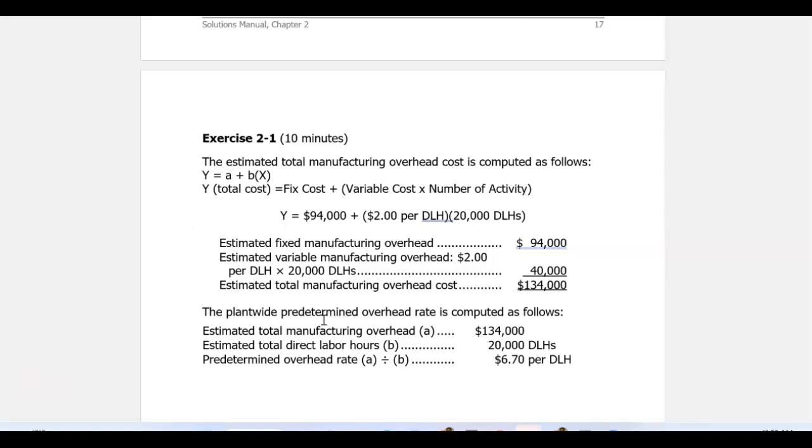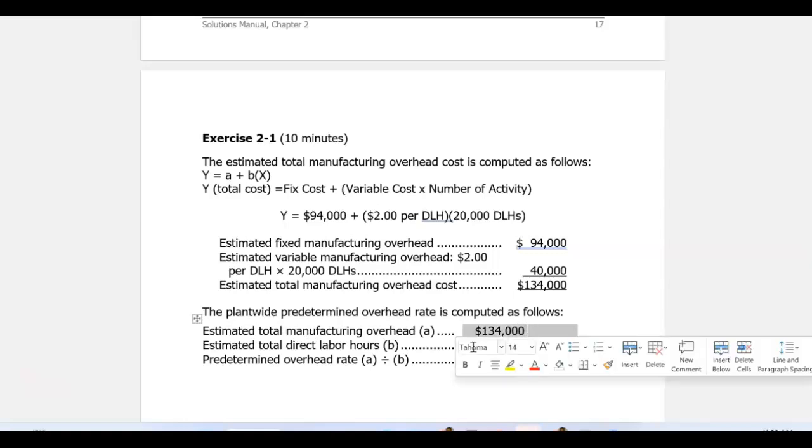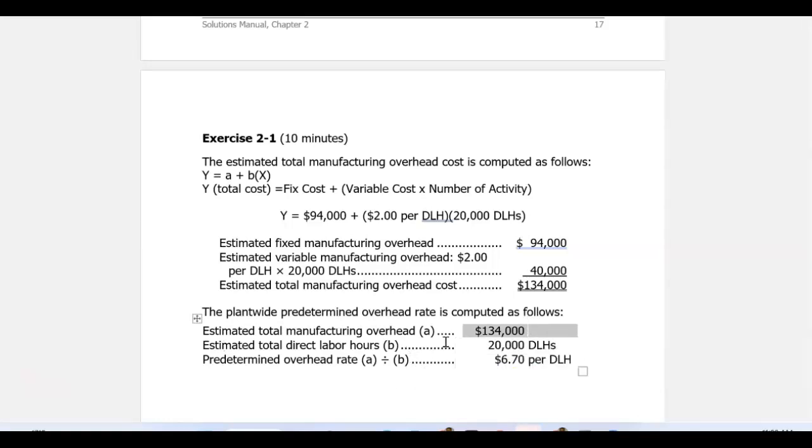The plant-wide predetermined overhead rate is computed as estimated total manufacturing overhead, right? That's estimated total cost, divided by estimated total direct labor hours, which is 20,000. So the predetermined overhead rate is $6.70 per direct labor hour.